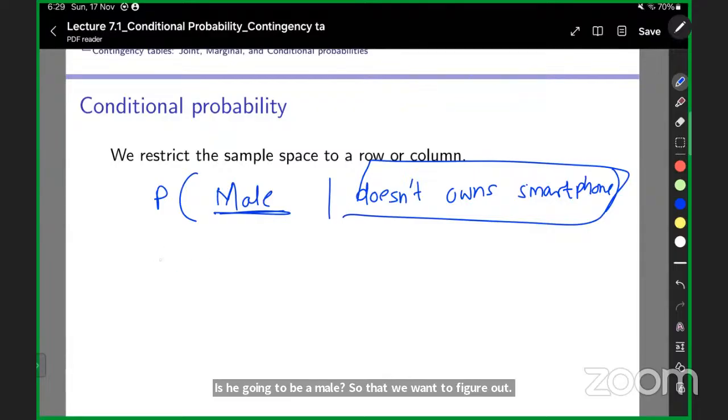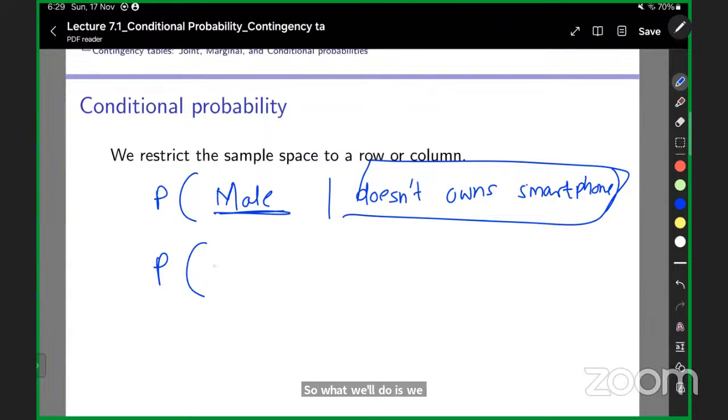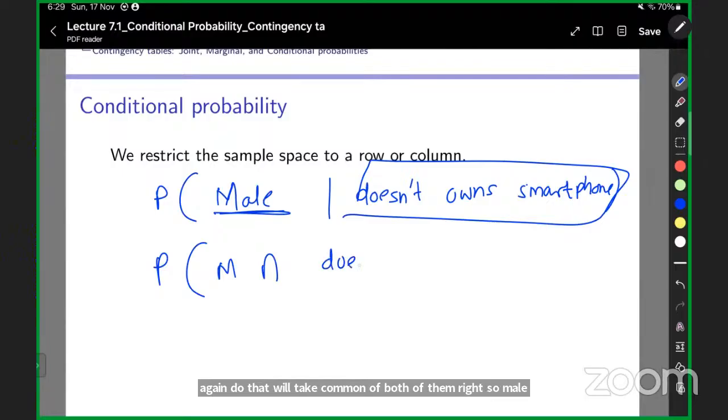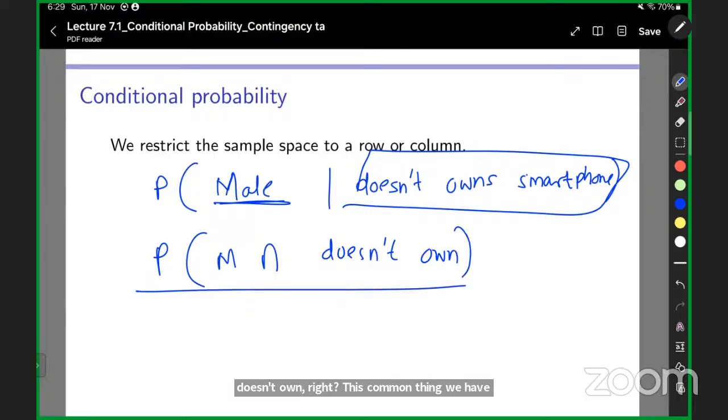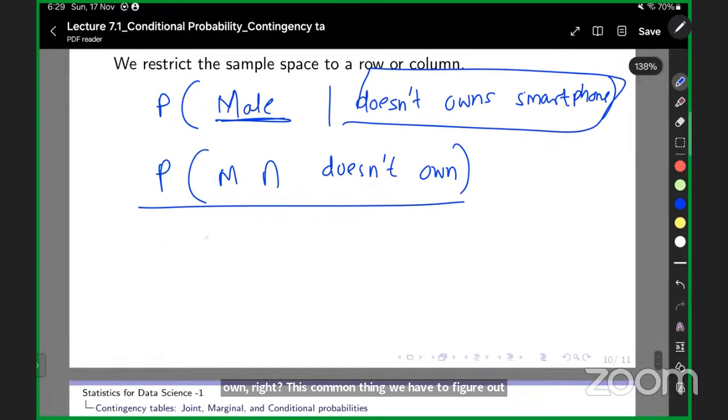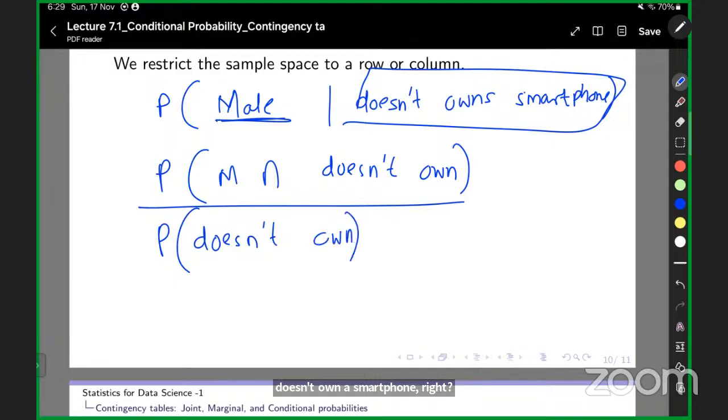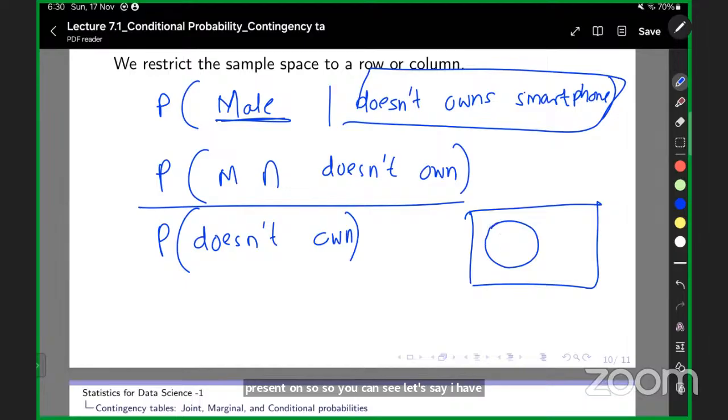So what we'll do is we'll take the common part of both of them. Male and doesn't own, this common thing we have to figure out, and we have to divide by doesn't own a smartphone. So you can see, let's say I have these two: one is male, and this is doesn't own.